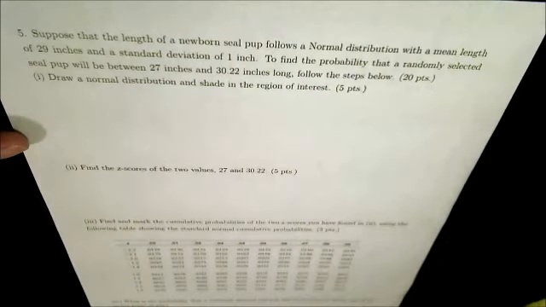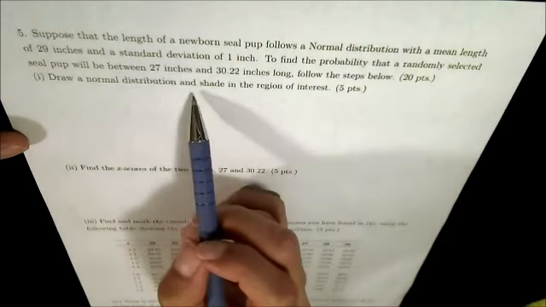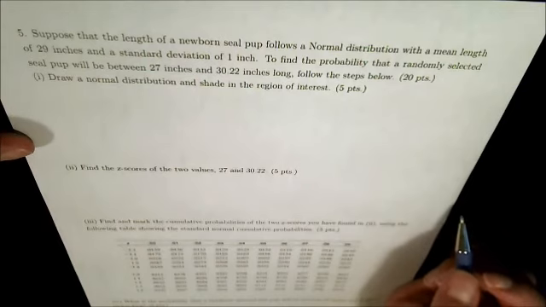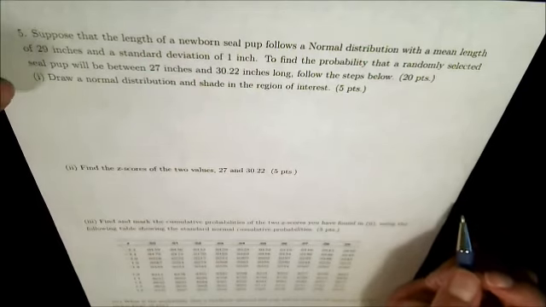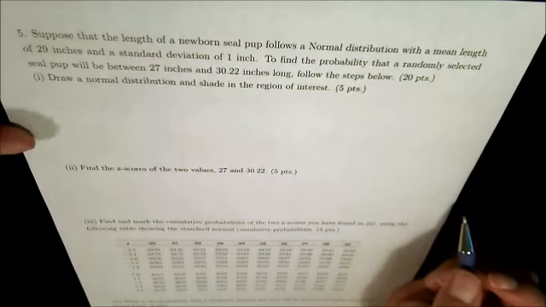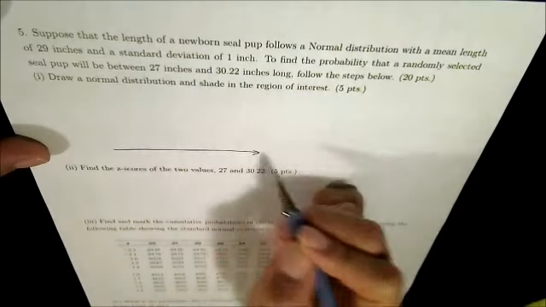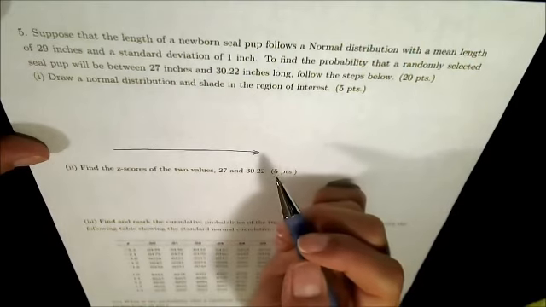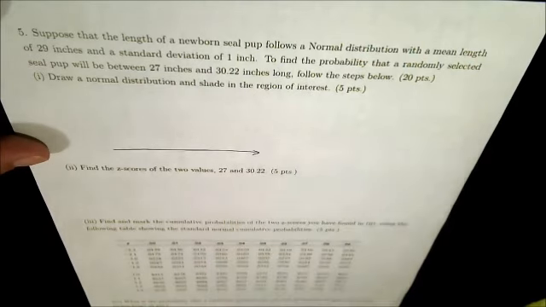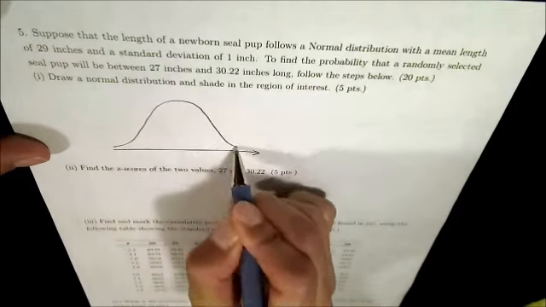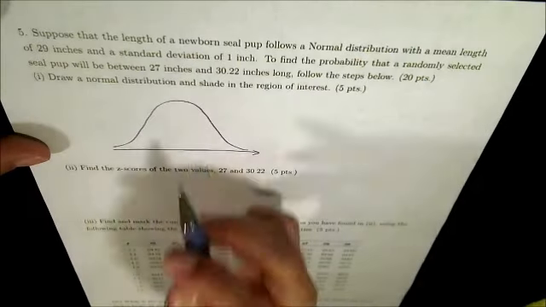The first problem. Draw a normal distribution and shade in the region of your interest. For this kind of problem, you have to start with sketching your normal distribution. A normal distribution is symmetric, bell-shaped, and has one mound.